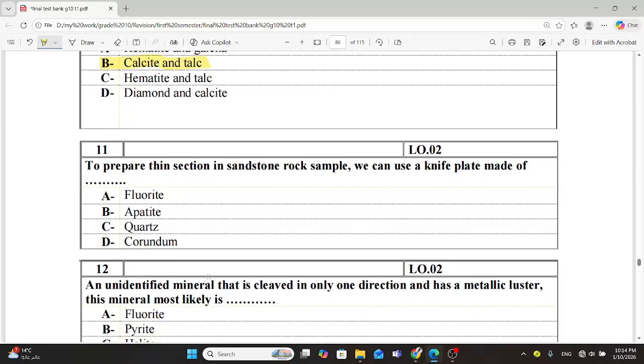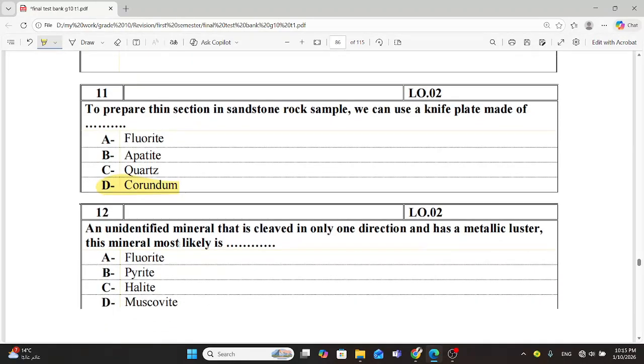Okay, to prepare a thin section in sandstone rock, we can use a knife blade made of sandstone rocks? The knife blade made of A to prepare a thin section will be ground. An unidentified mineral that is cleaved in only one direction and has a metallic luster.